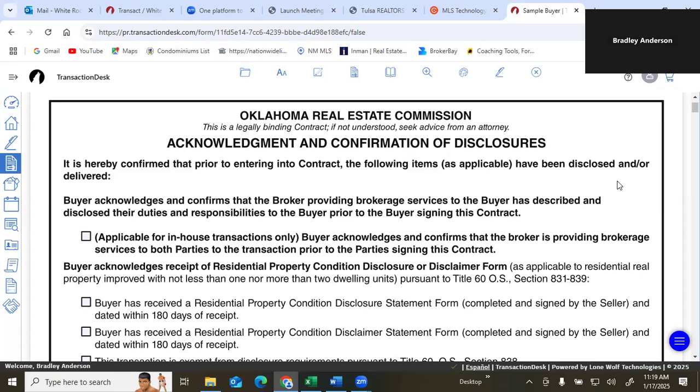All right. That is the disclosure of brokerage responsibilities that we are instructed to provide any client. Outlines what their options are, describes what we're going to do for them, and so on. And then there's a box you can check if it's applicable for any in-house transactions where we represent both sides.